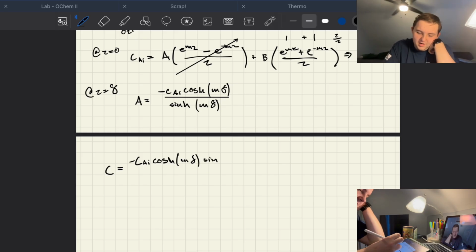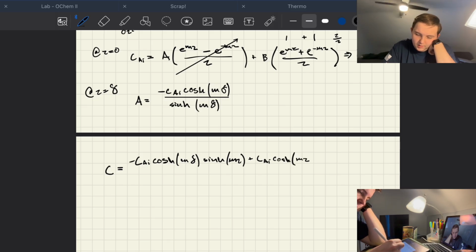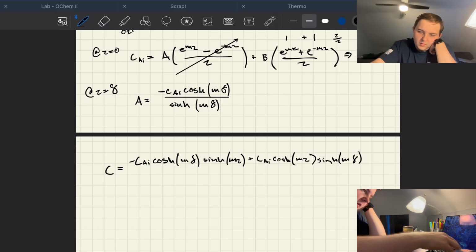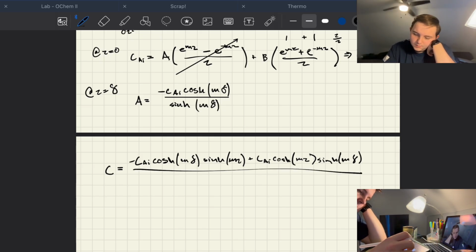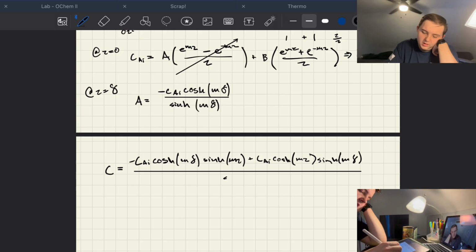I think that's a gamma. I need to figure that out because I've been using it all semester. Sine H mz plus CAI cosine H, or hyperbolic, mz sine H M gamma. Okay, and then that will all be over just one little term, hyperbolic sine of M gamma.